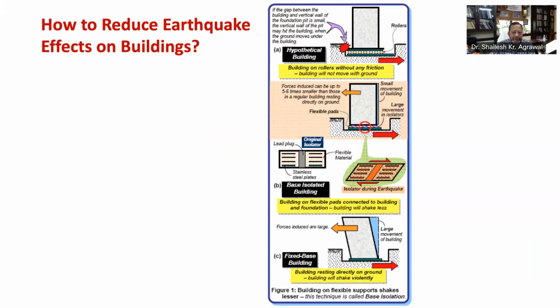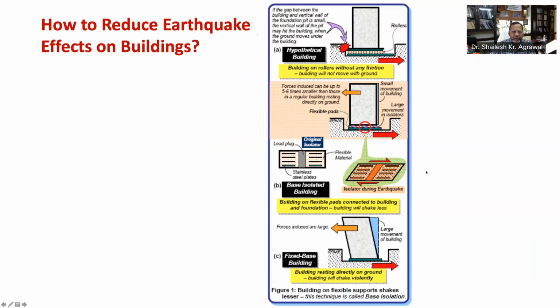Also remember, base isolation is not suitable for all the buildings. It is suitable for low to medium-rise buildings resting on hard soil. The high-rise buildings or buildings on soft soil are not suitable candidate for base isolation.